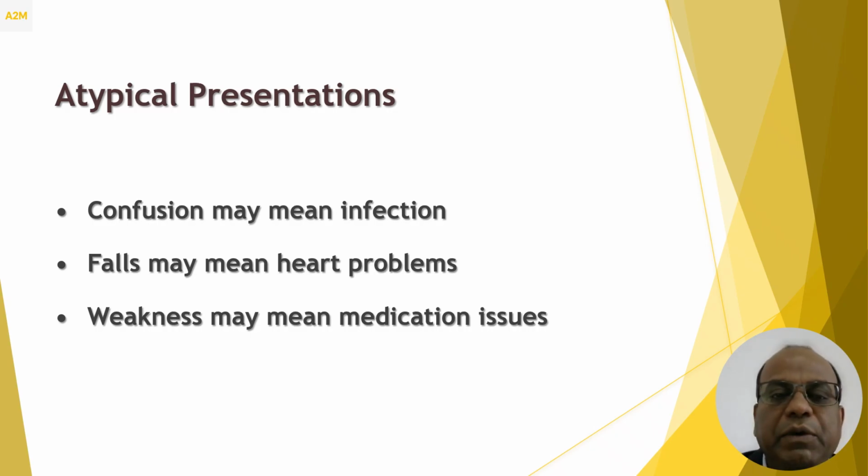Their muscles may be weak, so they fall easily when something is wrong. This means we must always be careful when we see confusion, new falls, sudden weakness, incontinence, or loss of appetite. These are warning signs that something serious may be happening.